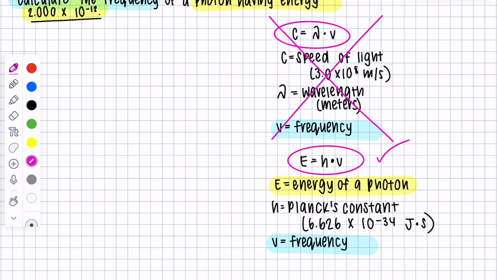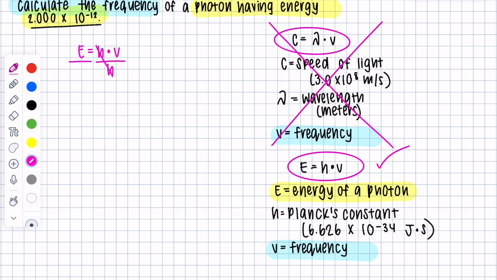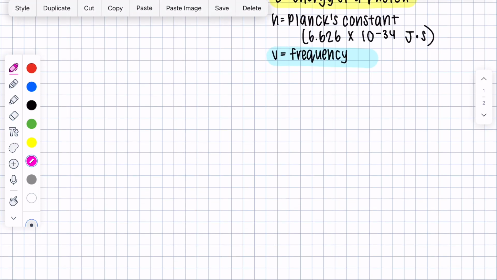Let's write out our equation so we can start solving. E is equal to h times v. Since we're solving for v, we can make this equation a little bit simpler. Just do some basic algebra and divide by Planck's constant on both sides so that we have v is equal to E over h.